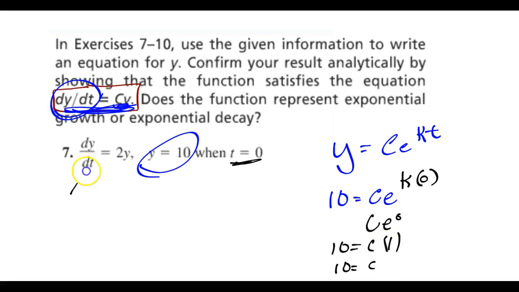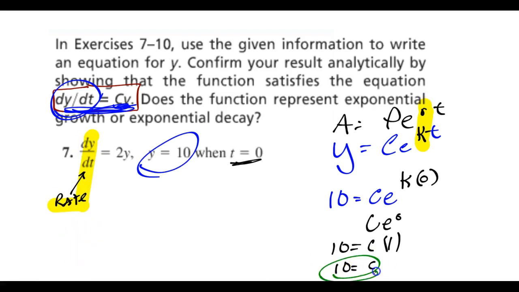This is the rate, and we're letting A is equal to Pe^(rt). We're letting our rate be k, and our rate is 2y. So I'm going to plug that in for my rate when C is 10. So y is equal to 10e^(2t).